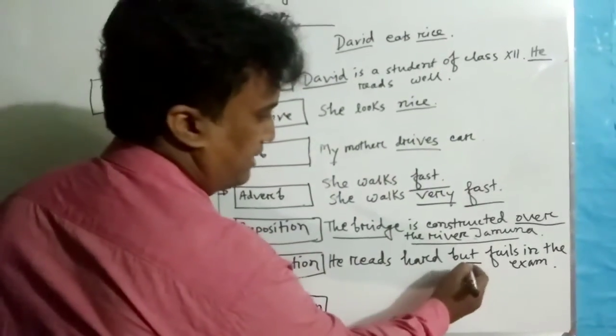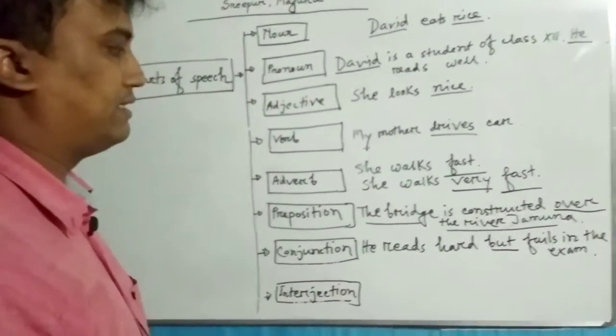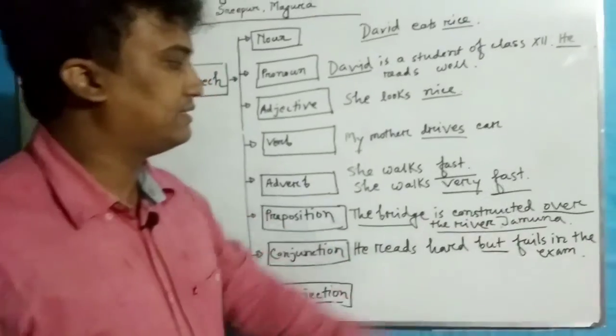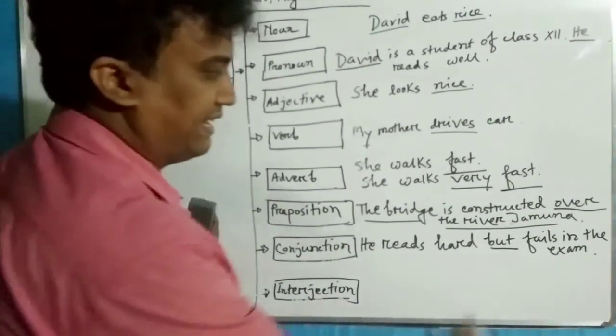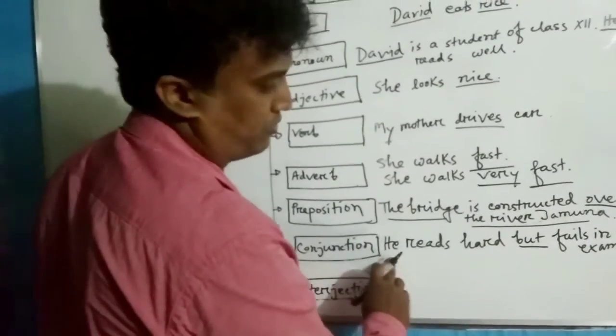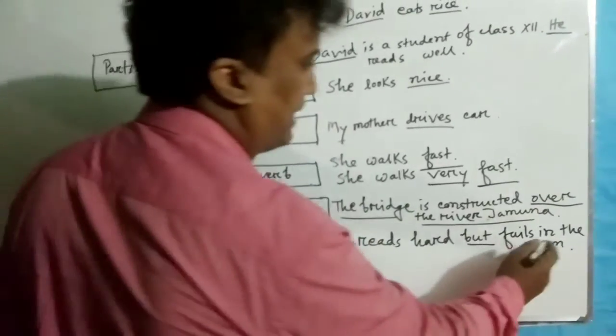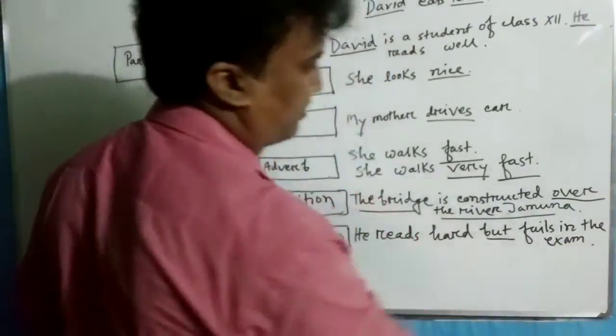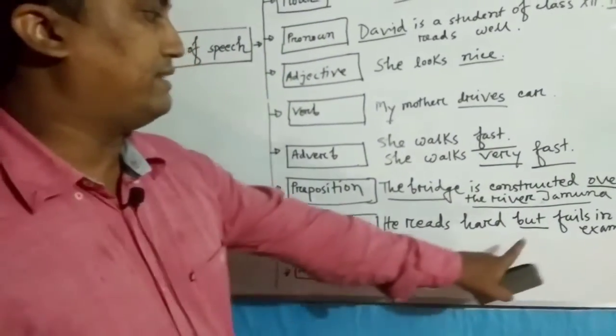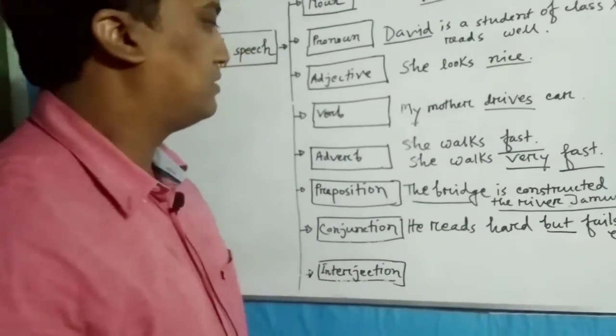So look at the underlined word but. The word but is linking the two clauses. He reads hard, a clause, fails in the exam, the other clause. So but is the example of conjunction.